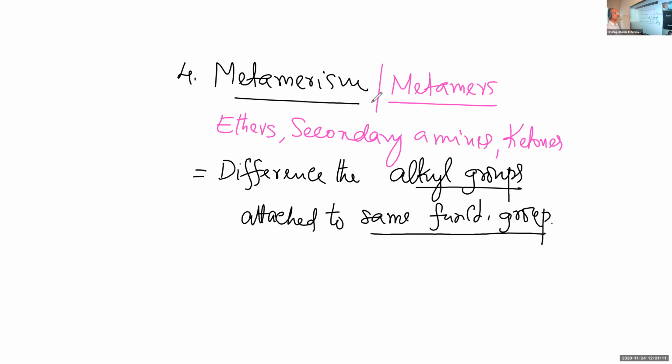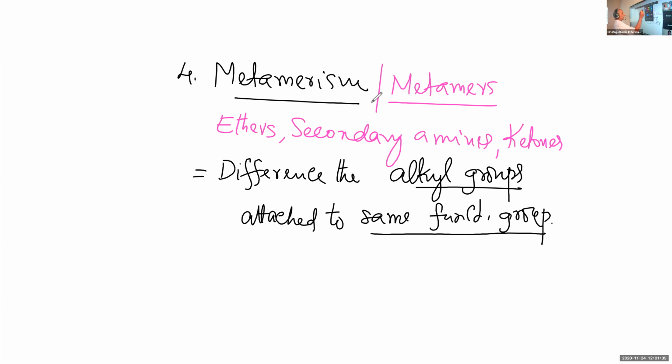So they have the same functional group, same molecular formula, but the alkyl groups will be different. To the same functional group, we are attaching different alkyl groups, and it is seen in ethers, secondary amines, and ketones.